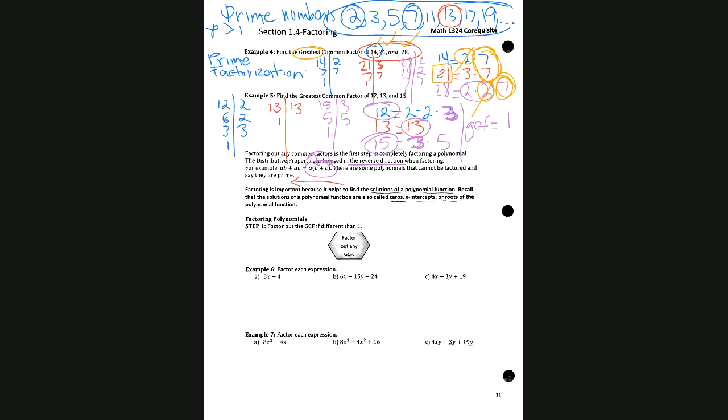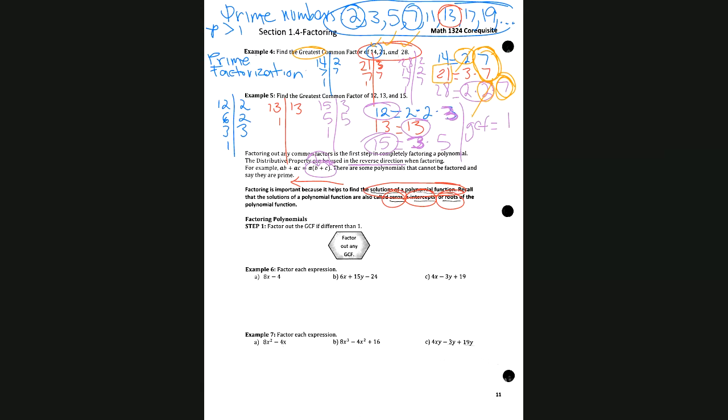Factoring is important for many reasons, but one of those is solutions. We could find solutions of a polynomial function. Remember, solutions we also call zeros, x-intercepts if those solutions are real numbers, or roots of the polynomial function.